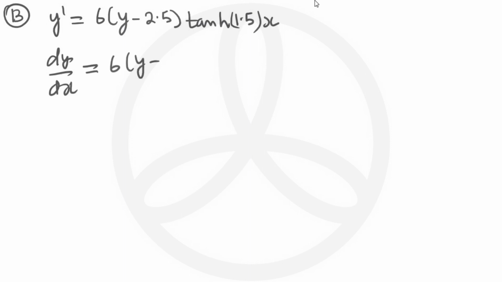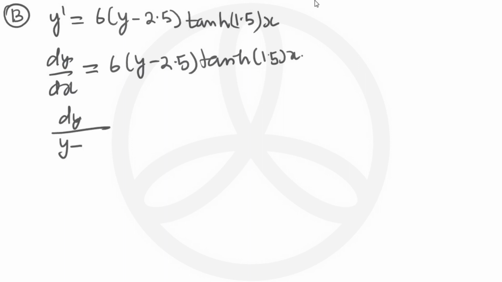I will write 2.5 and hyperbolic 1.5x. And then take this one on the left hand side and dx on the right hand side. This will become dy/(y minus 2.5) is equal to 6 tanh of 1.5x dx.